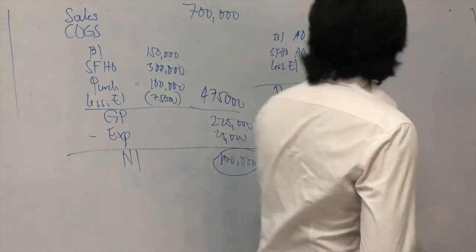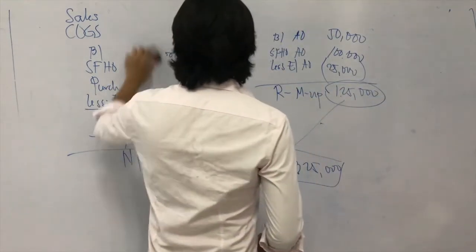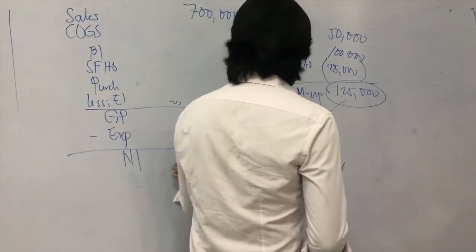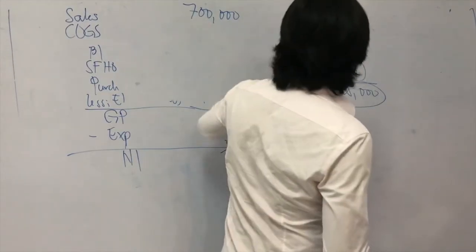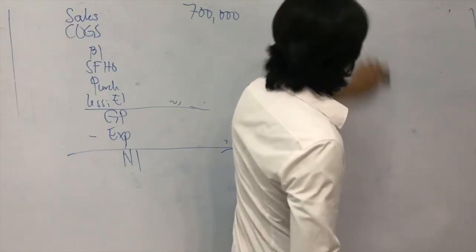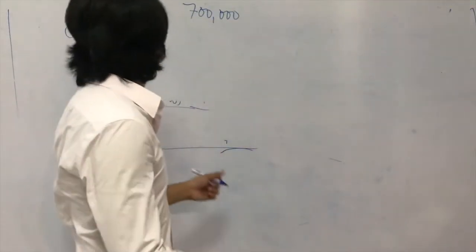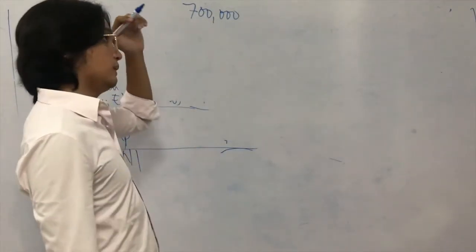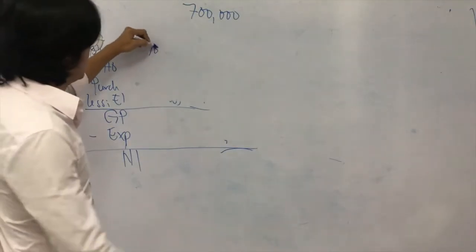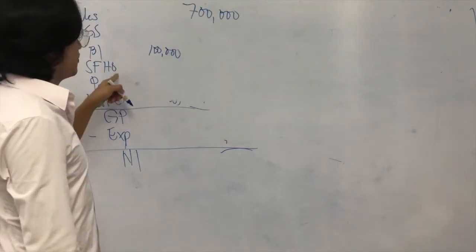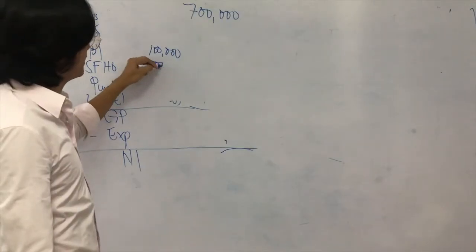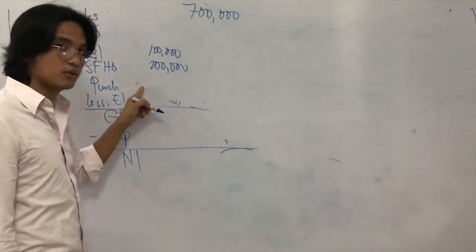For method number 2, we only have to bring all shipments and all inventories to their cost. So beginning inventory cost is 100,000. Same formula there. Shipments from home office is 200,000. Purchases, take note.